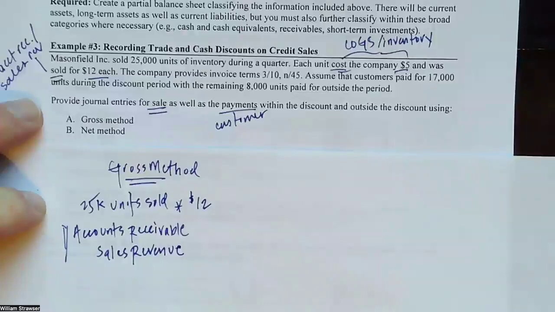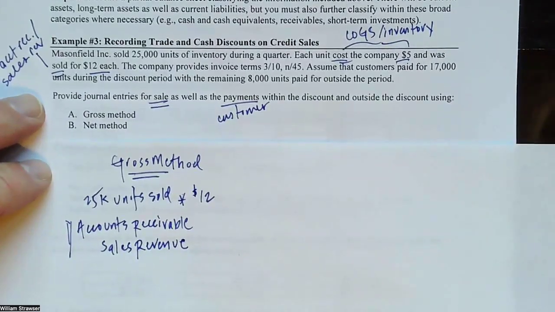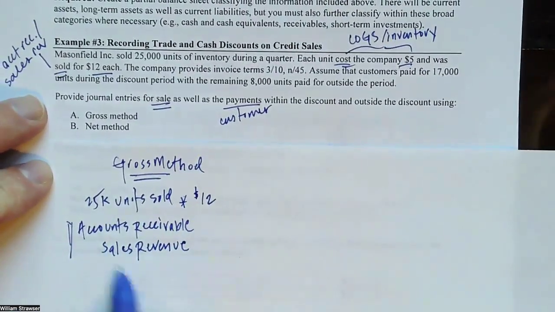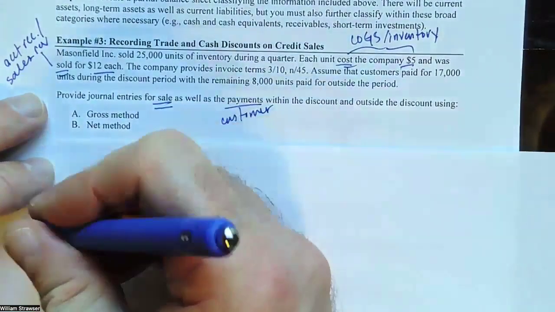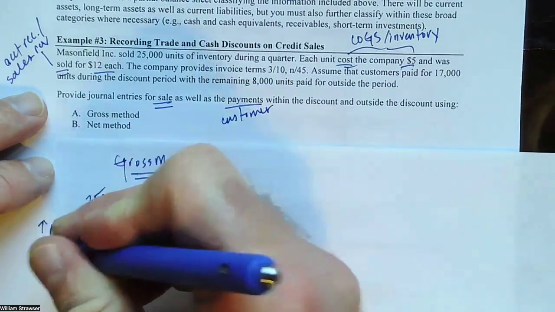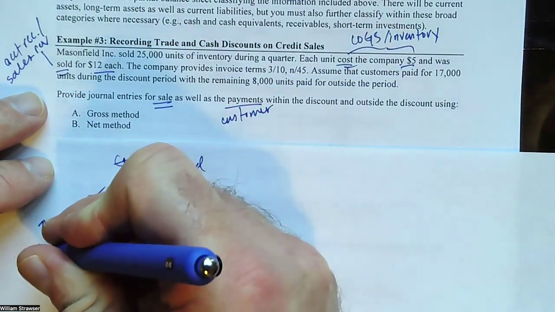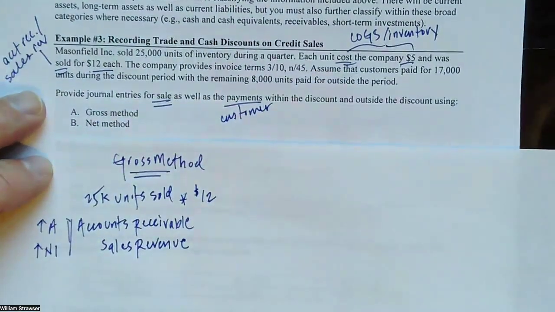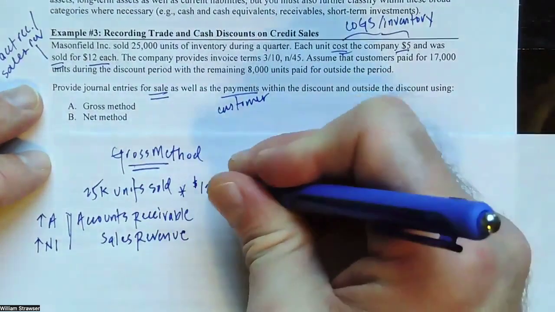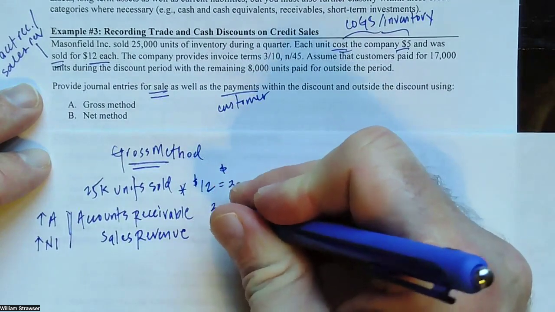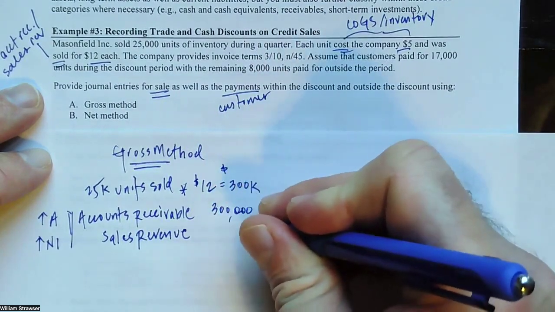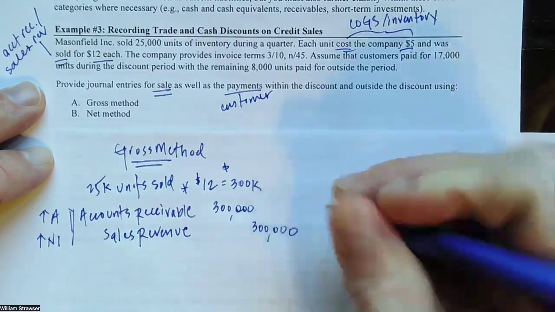And if we're making the sale, then that means we're recording, of course, accounts receivable, debiting accounts receivable because now our customers owe us money, and we can record the sales revenue because we've provided the product that goes along with that. And those two together came up to $300,000. So that's the amount that I can record here at full price.